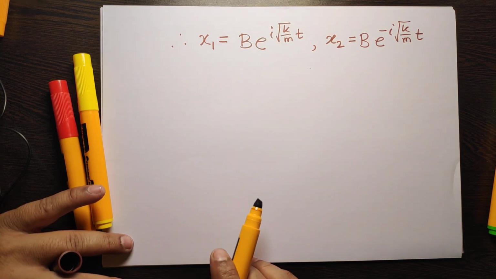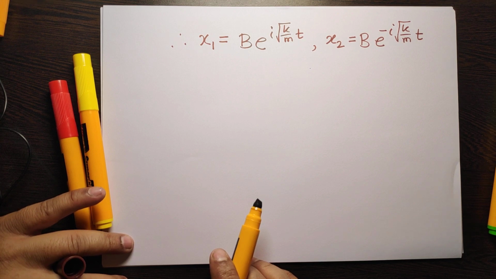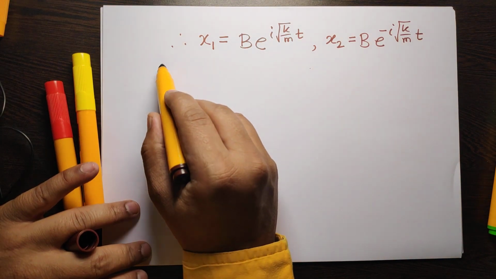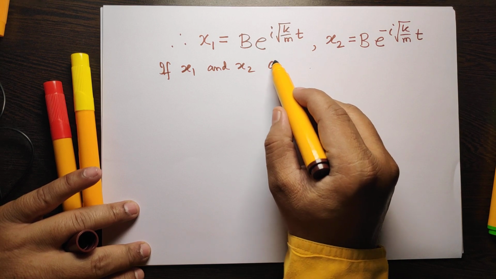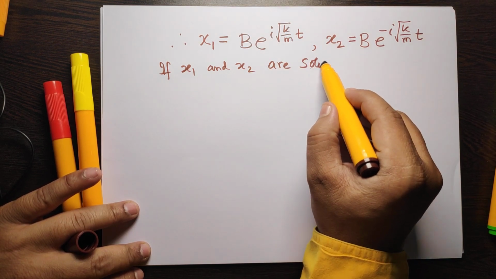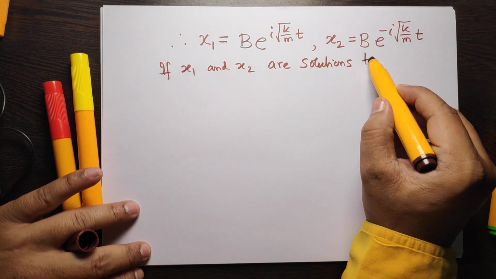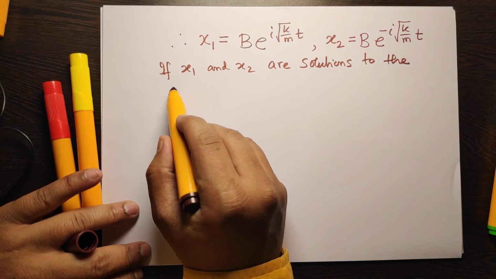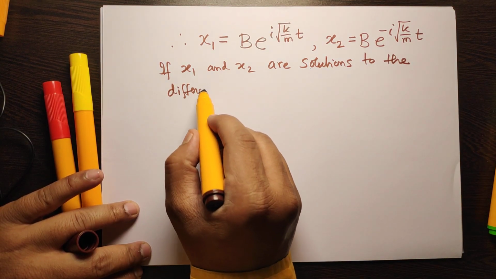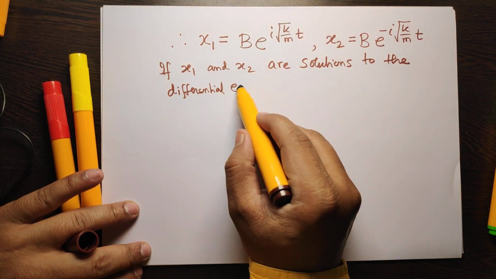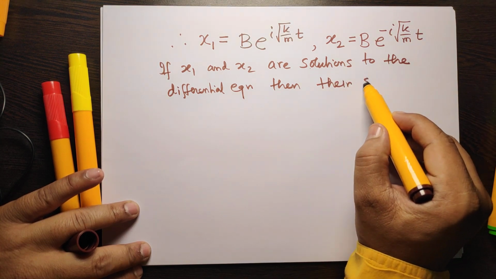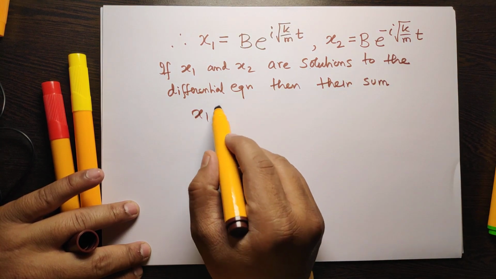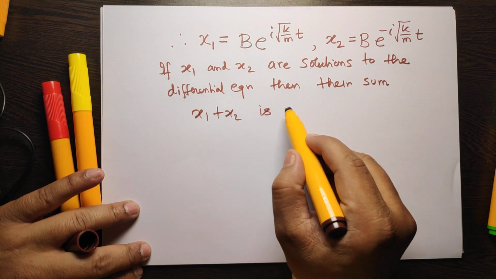Now, by the principle of superposition, you know that if x1 and x2 are solutions to the differential equation, then their sum x1 plus x2 is also a solution.